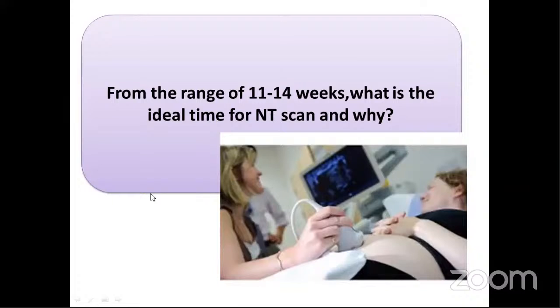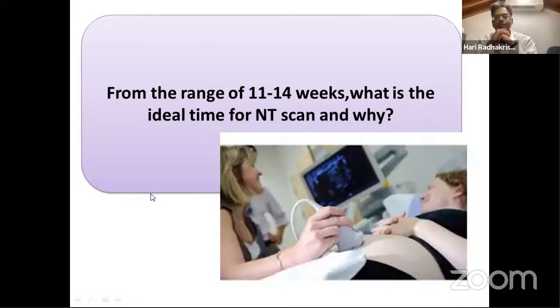But practically speaking, doing an NT scan at 11 weeks would give us a technically easier way to measure the nuchal translucency. But a lot of times at a CRL of 45 millimeters, we may find that the nasal bone is not ossified. And unnecessarily, because we are doing an early scan, we may report it as an unossified or absent nasal bone, which will trigger off a battery of further tests, which may be really harmful.